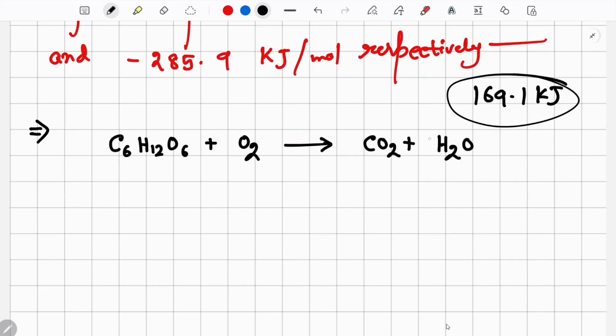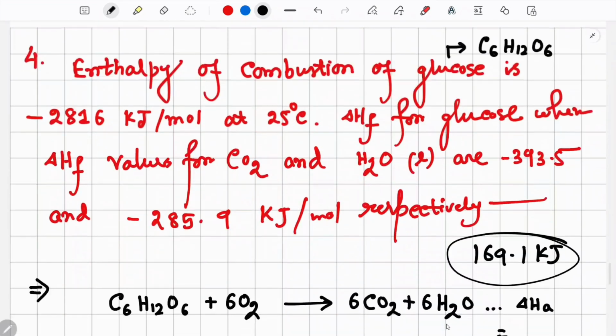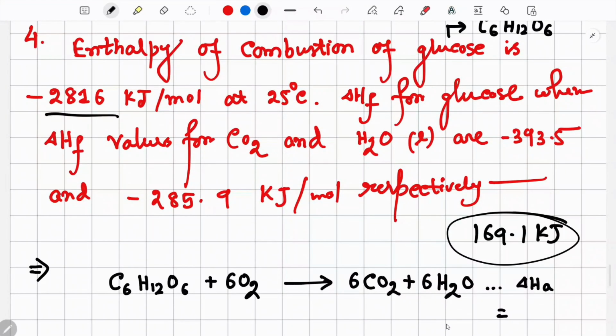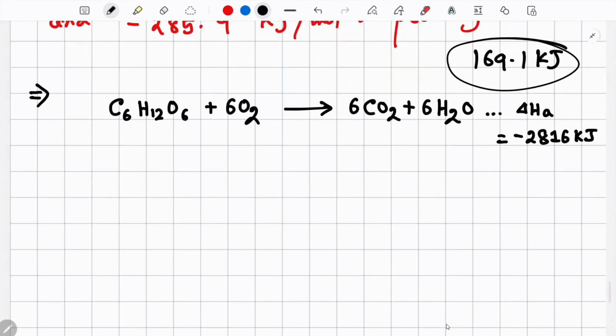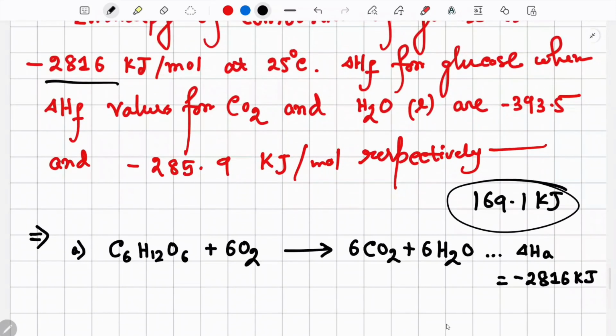This is our delta H, let's say A, that is given as minus 2816 kilojoule. And the delta H of formation of glucose we have to calculate. These data are also given for CO2 and H2O.